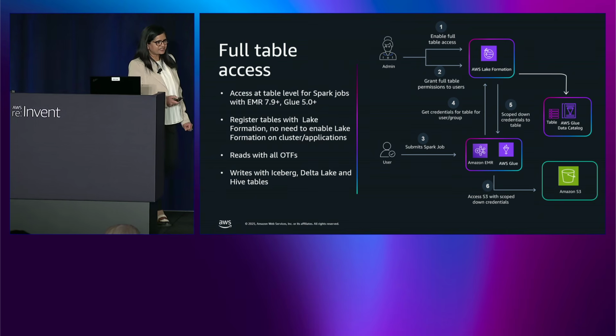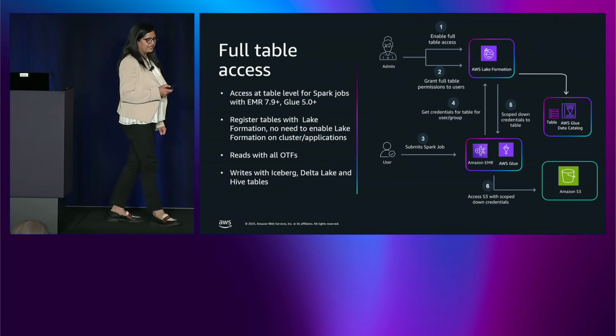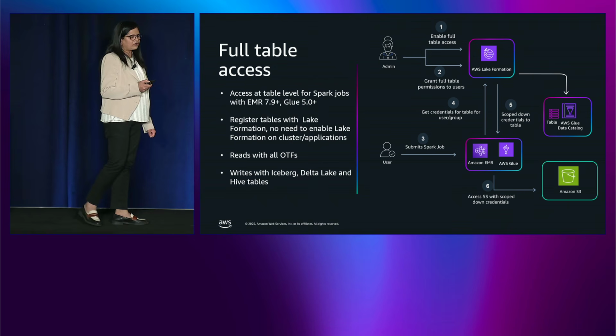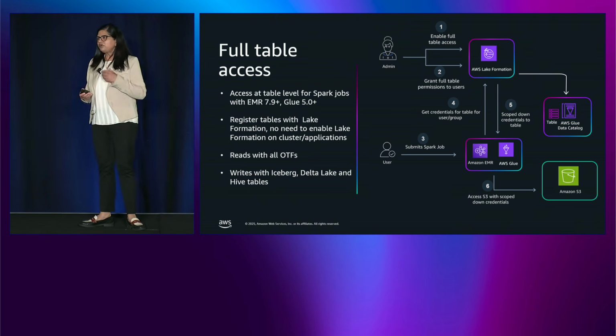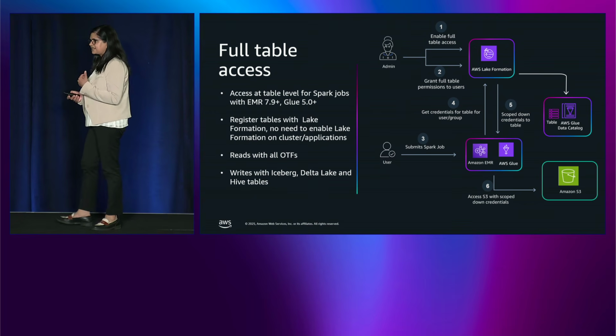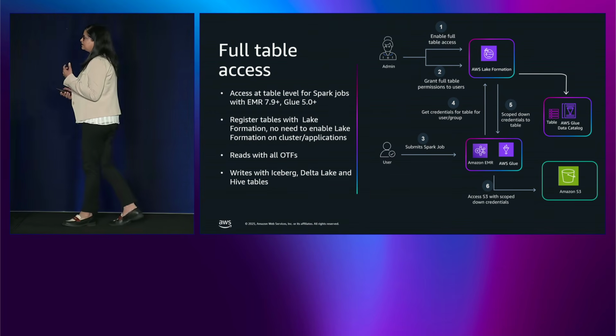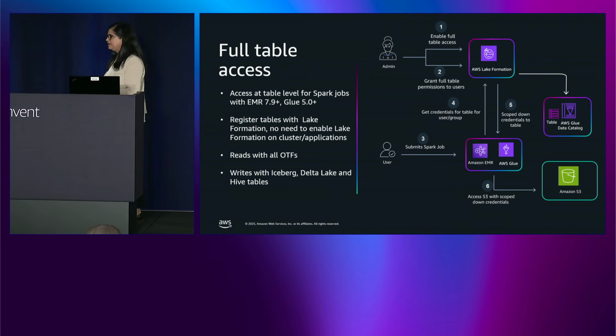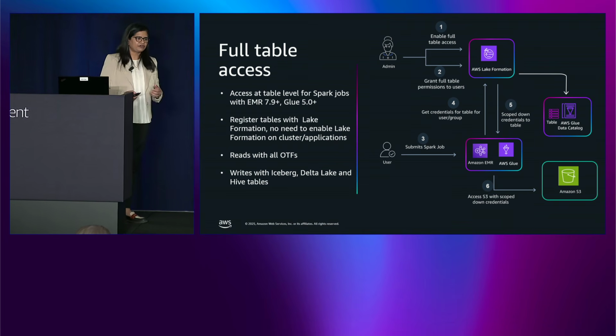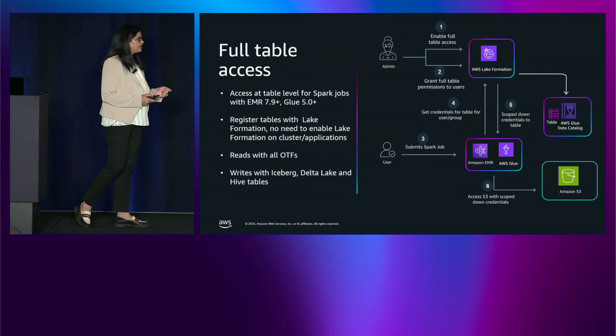When the user submits a job, EMR or AWS Glue jobs, they reach out to Lake Formation for getting the credentials. Now here, they don't go directly to S3. The credentials are vended by Lake Formation. So these jobs reach out to Lake Formation.